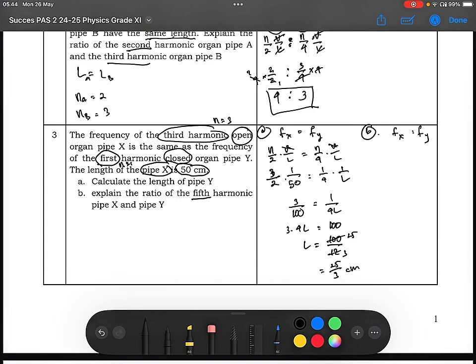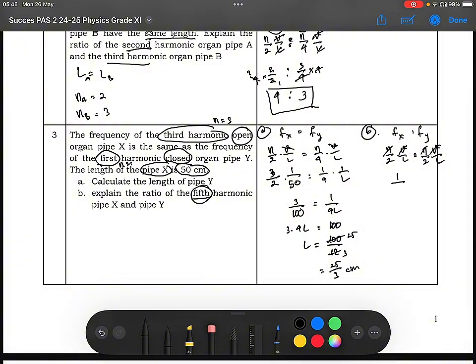The fifth harmonic, okay, the same: n over 2, v over L, n over 2, v over L. Because n is the same, you can clear n. Five is the same too.